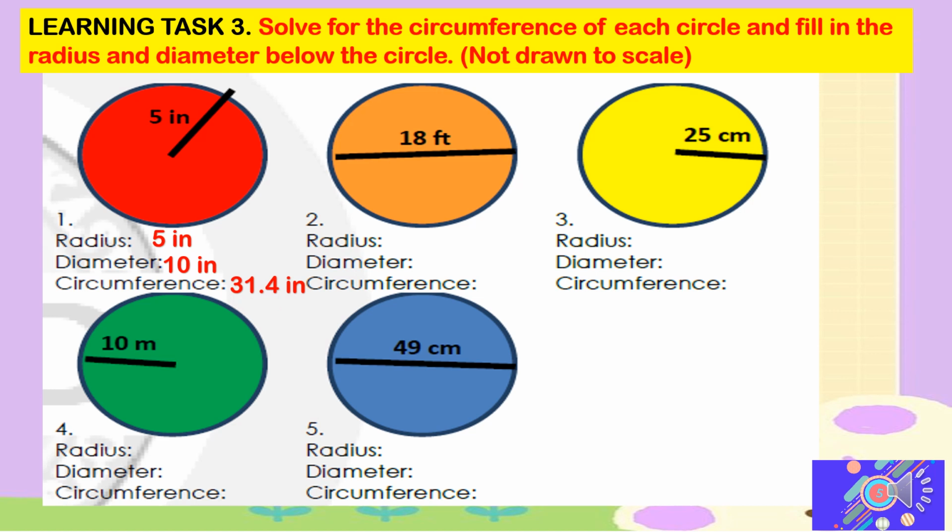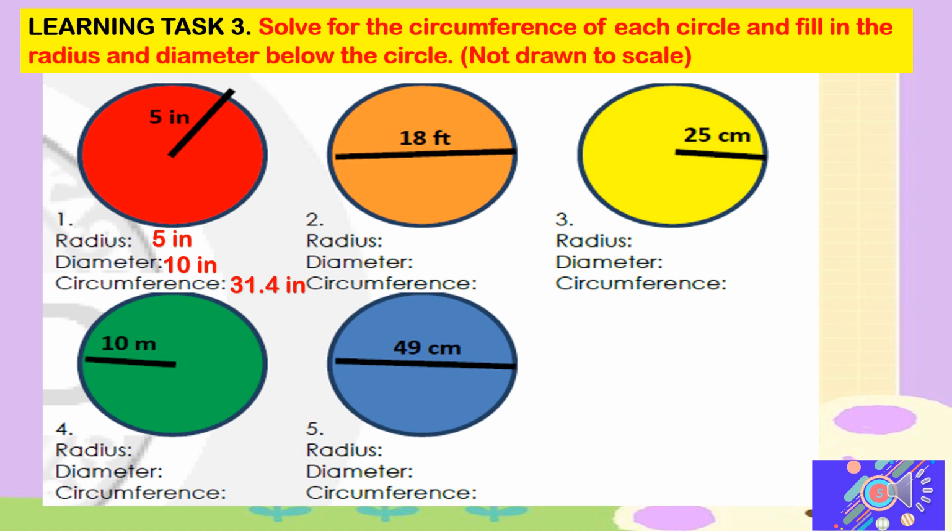Okay, so paano ba natin nakuha yung circumference niya? So, we use the formula C is equals to 2 pi r, or 2 times 3.14 times 5. And then, the answer is 31.4 inches.